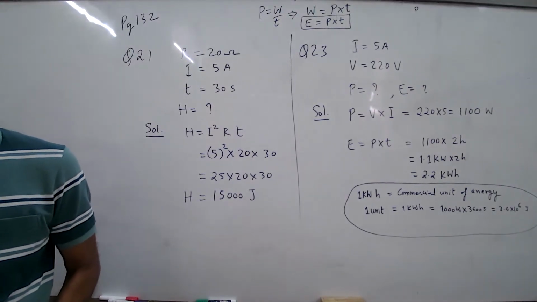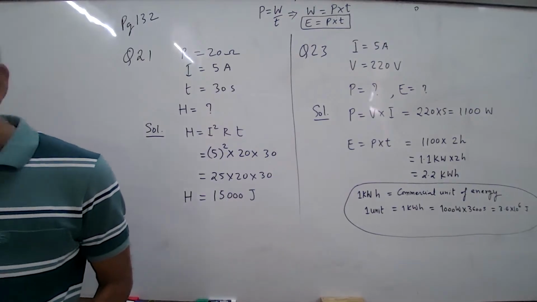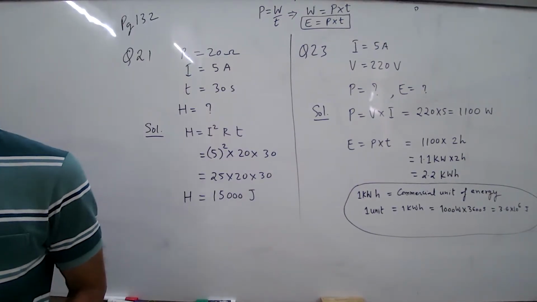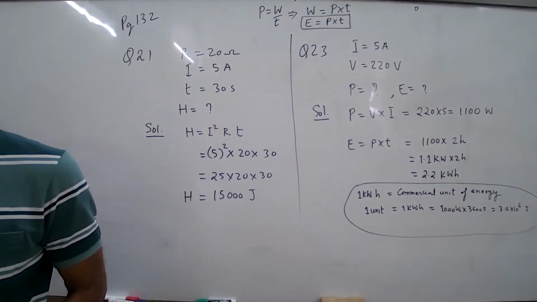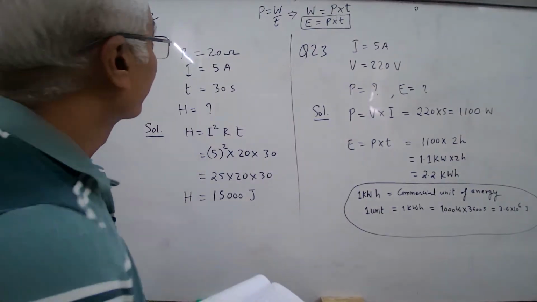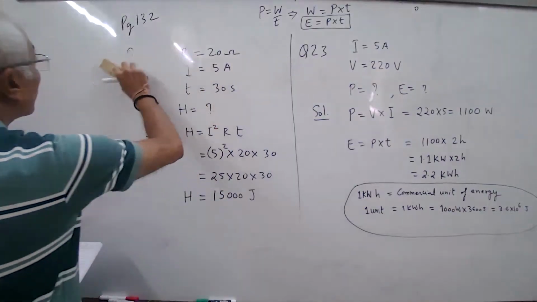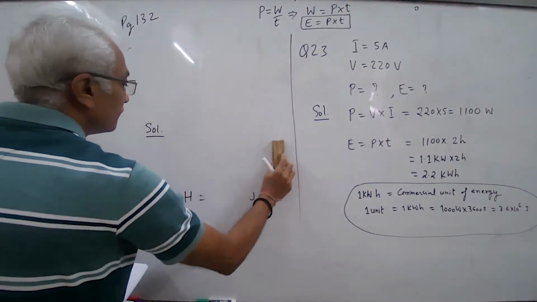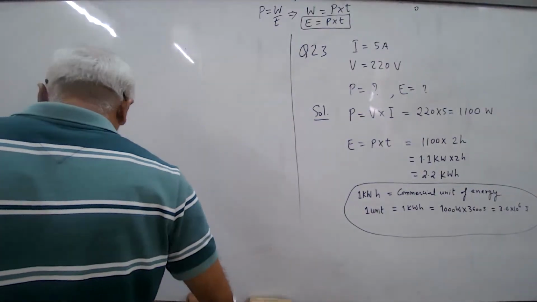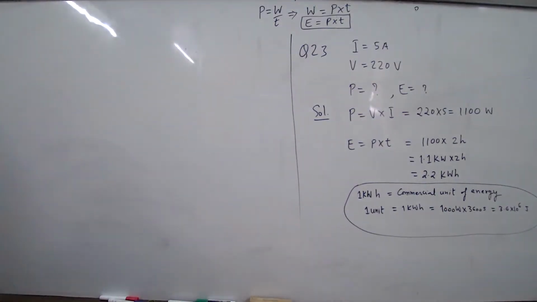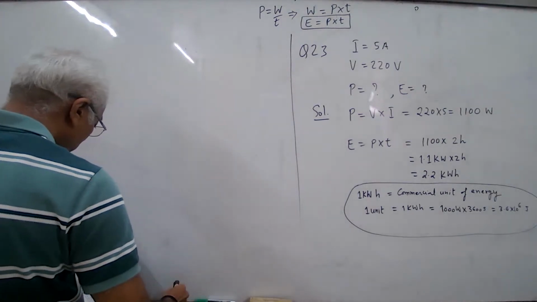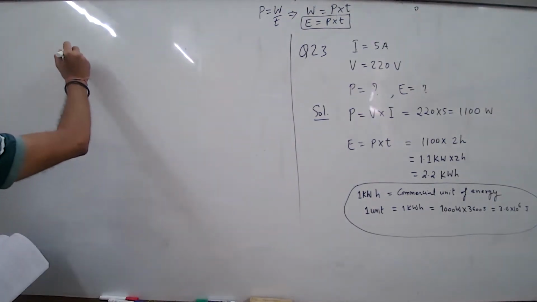Next. How is a voltmeter connected in a circuit? 25. So, question 25.